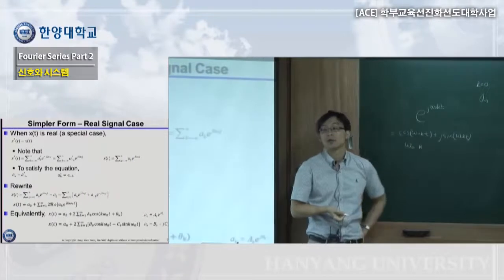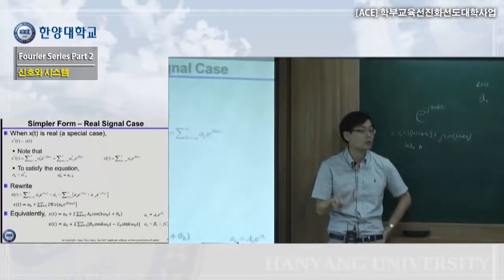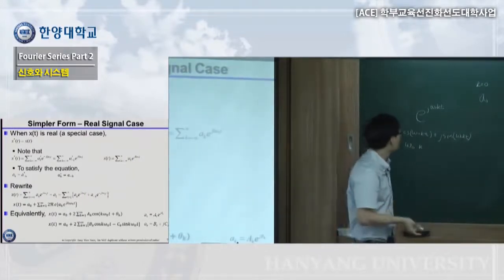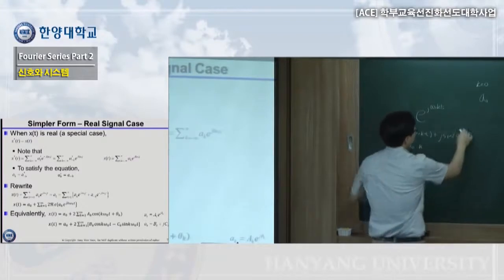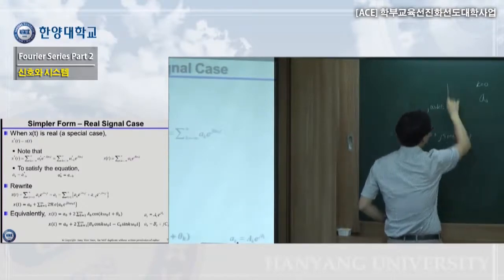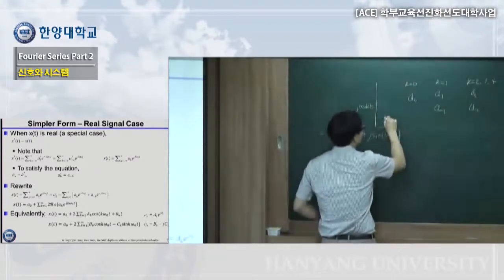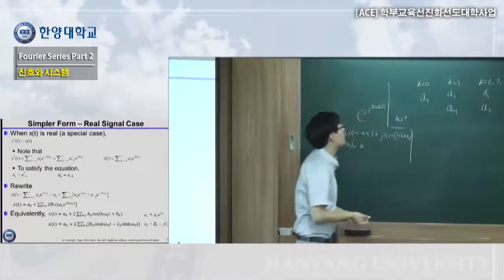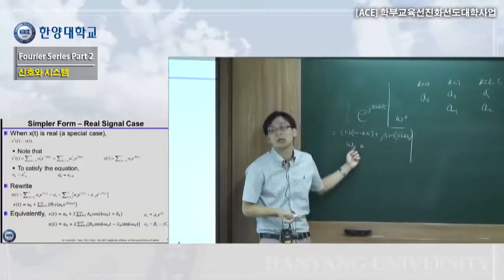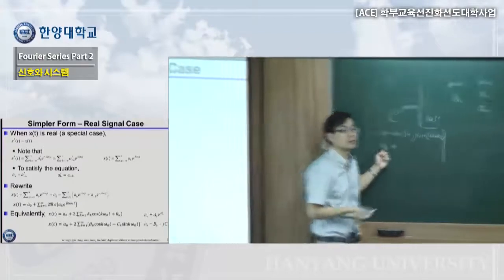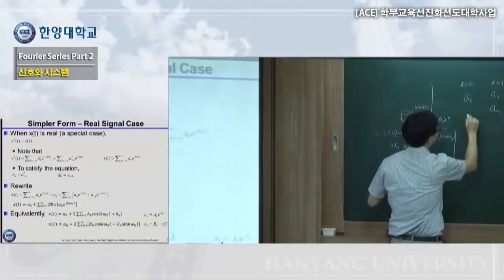That will be the frequency of each sine or cosine. If k equals 0, what will be their frequency? 0, right? They will be 0.